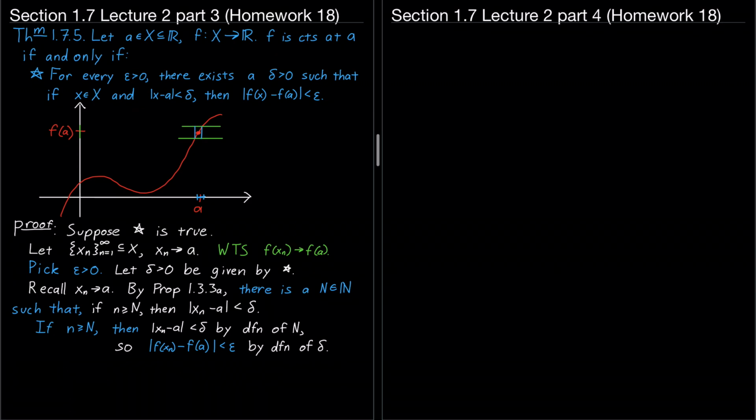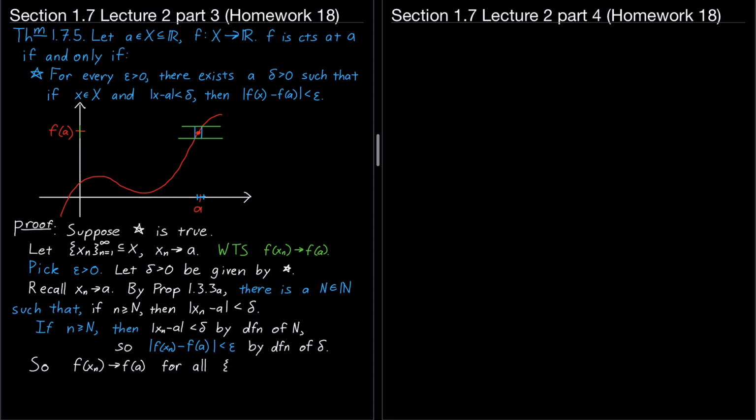And then now we've seen that for every epsilon greater than 0, there is a natural number big N such that if little n is bigger than big N, then f of xn minus f of a is less than epsilon. And so, putting this all together, we see that f of xn converges to f of a, and this is true for all such sequences.